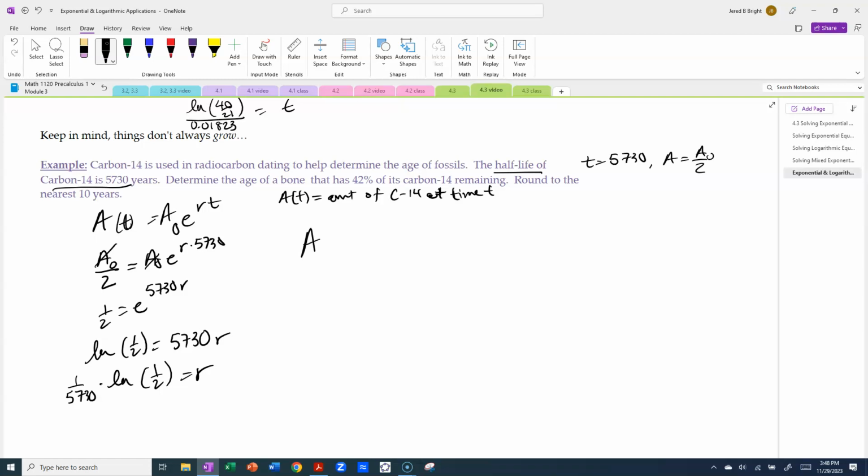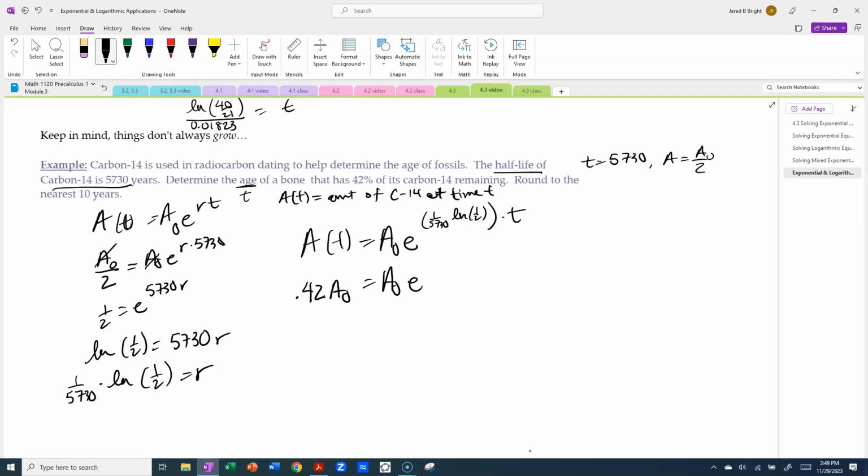So then my model is A of t is equal to A naught e to the, and r is now 1 over 5730 times natural log of 1/2, times t. Then it says determine the age when 42% of its carbon-14 remains. So A of t would be 42% of the initial amount, so this would be 0.42 A naught, and all the rest would stay the same.